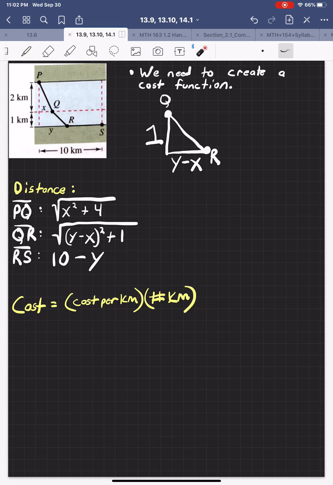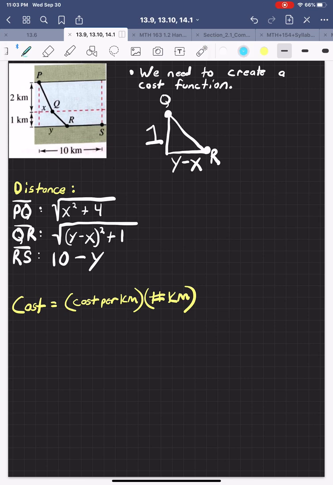So does it make sense that this is the number of kilometers that you traveled. This is the number of kilometers you traveled. This is the number of kilometers you traveled. And we know that this is 3,000 per kilometer, this is 2,000 per kilometer, this is 1,000 per kilometer.